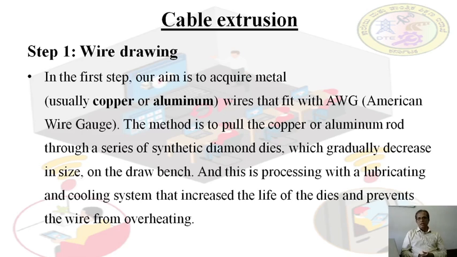The method is to pull the copper or aluminum rod through a series of synthetic diamond dies, while it takes the shape of the wire. The size is gradually decreased on the draw bench. This is processed with a lubricating and cooling system that increases the life of the die and prevents the wire from overheating.